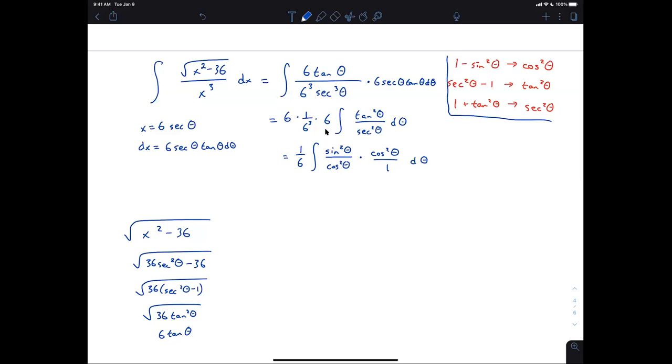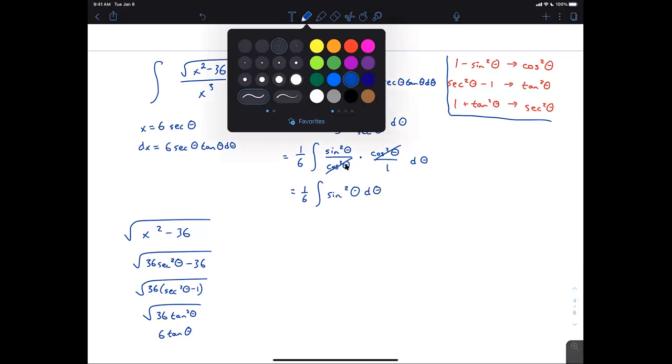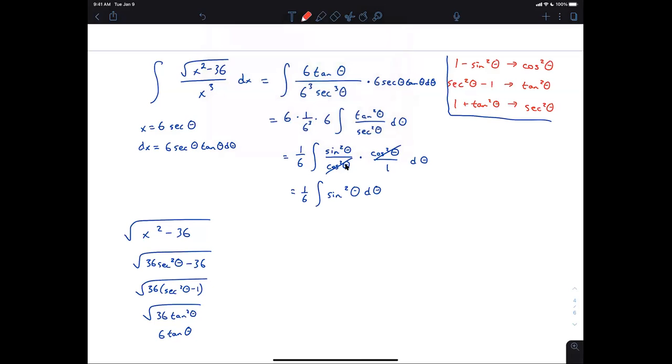All right. Now that I've got it to here, this is a good idea because the cosine squareds cancel, and we get it to there. And now sine squared is an integral that's not a basic form, but we have a definite strategy for how to do it. When you have even powers of sine and cosine, you use the half angle formulas to rewrite the integral.